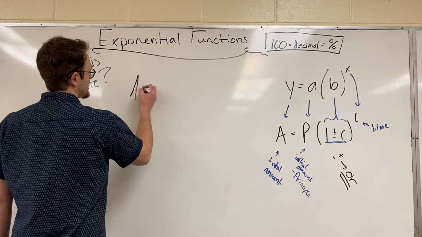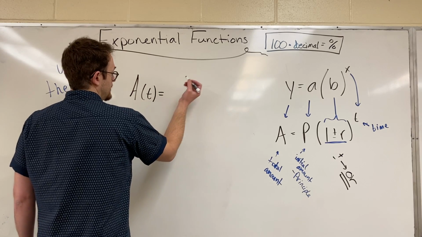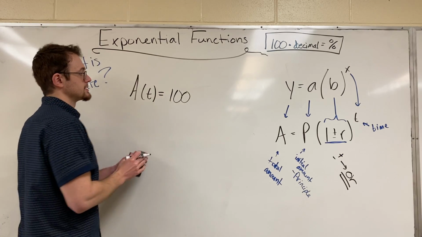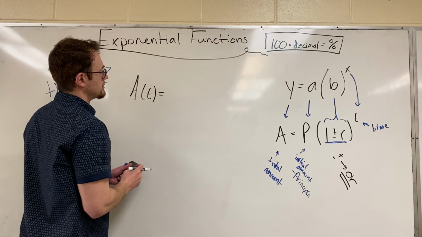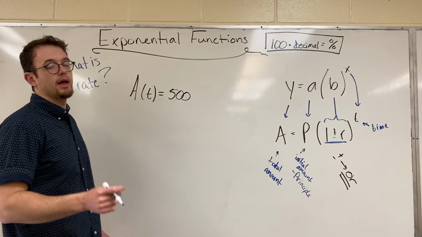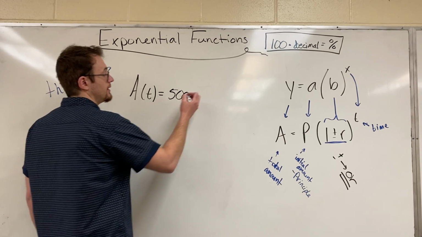Let's do another one. Let's say A of T equals 500. Say you finally saved that $500, and you're going to open your first savings account.